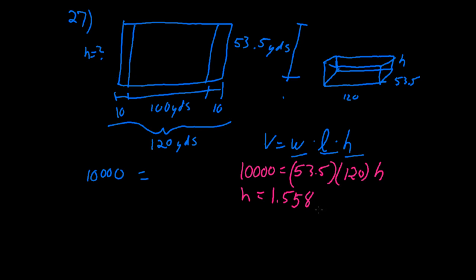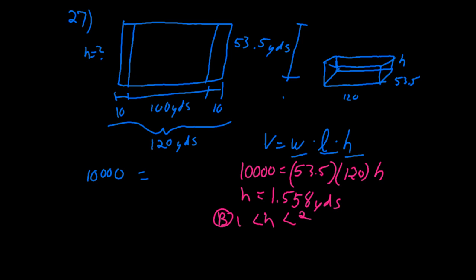So it'll be 1.558 yards deep, but the answer says will it be less than 1, between 1 and 2, between 2 and 3, between 3 and 4, or more than 4. We can clearly see that h is greater than 1 but less than 2, so it leaves us with choice B, between 1 and 2.